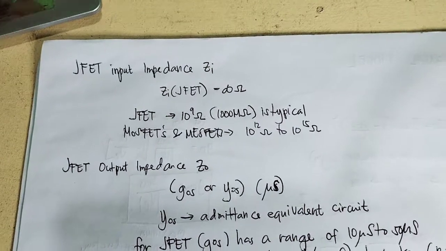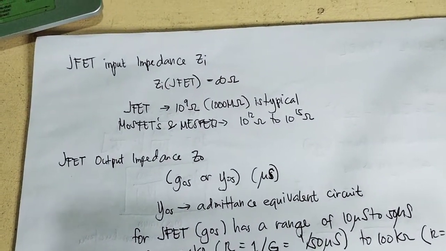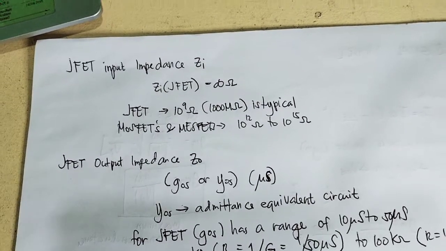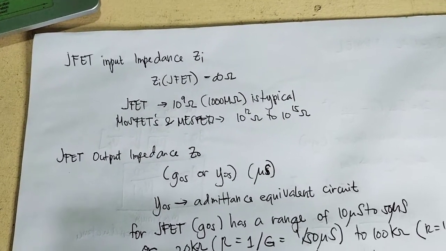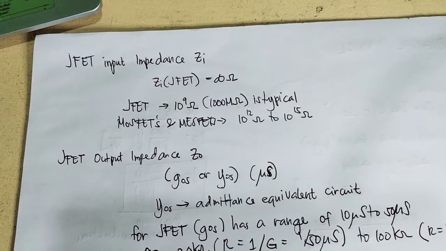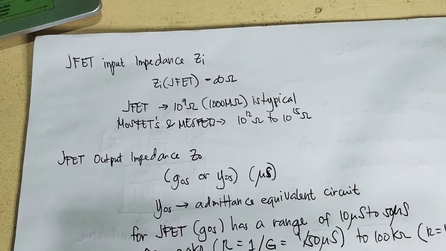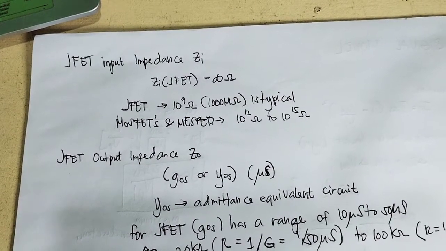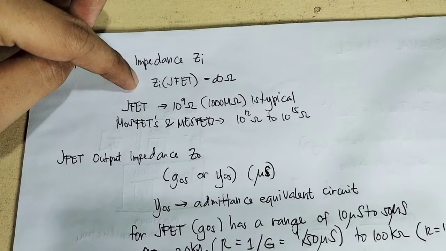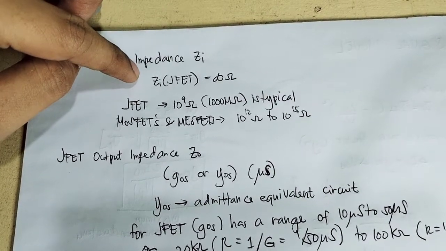So let's go to the JFET input impedance. Unlike the input impedance of a bipolar junction transistor, which depends on the component R sub B, the internal input impedance of a JFET is quite large compared to a BJT.